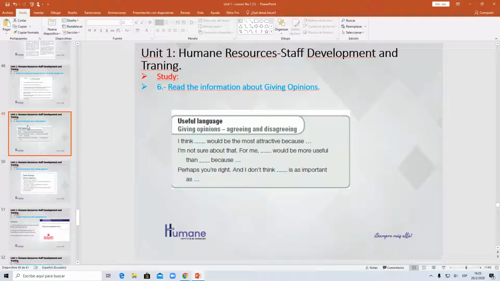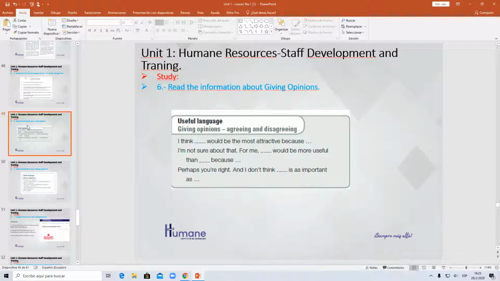But this situation does not allow you to get a higher score. So in order to acquire a higher score, it's necessary to use language in order to give opinions, agreeing and disagreeing. For example, I think would be the most attractive because. Always give a reason. You can use the term because or in order to for giving your reason that supports your answer.